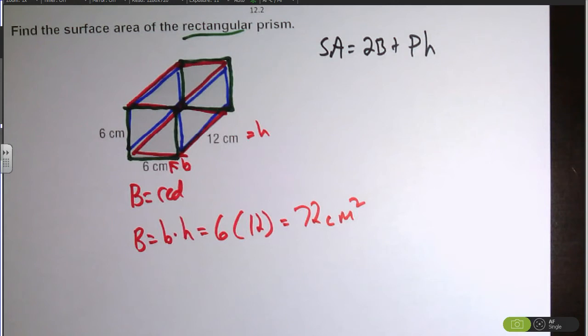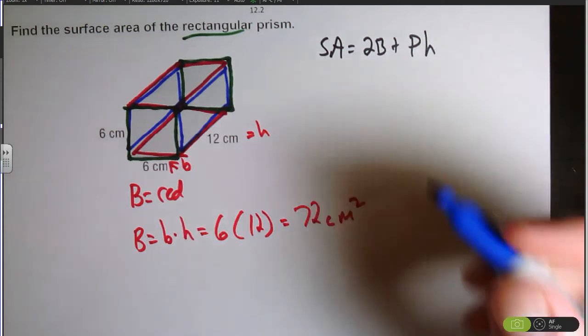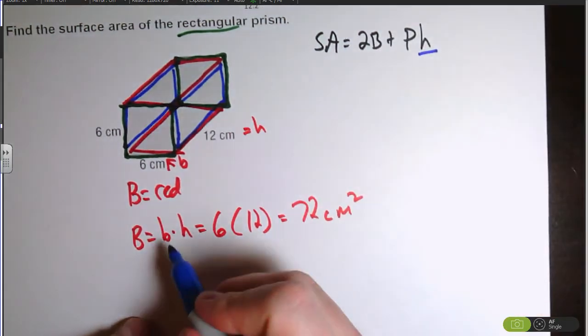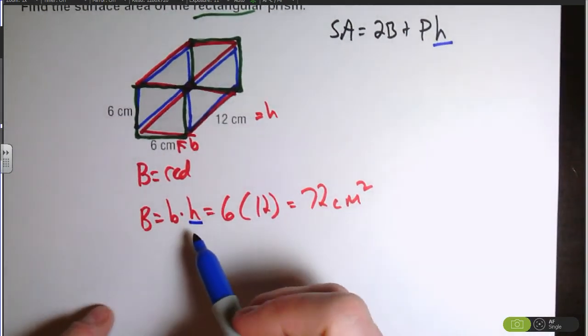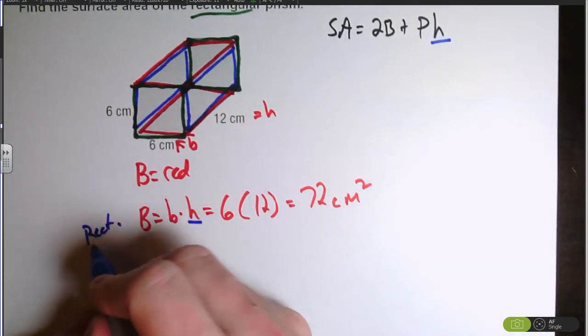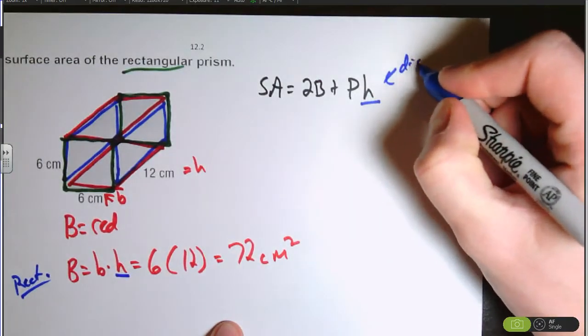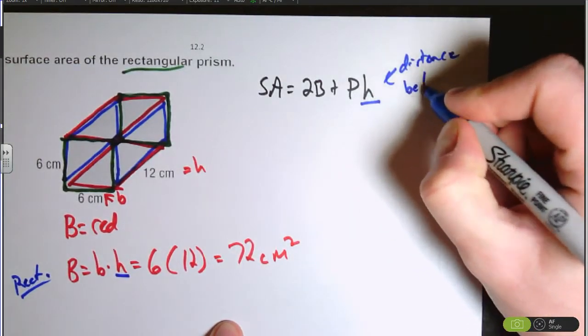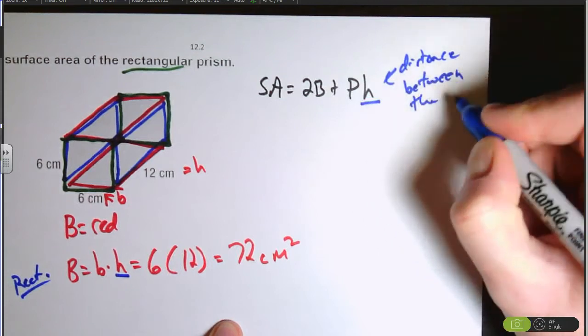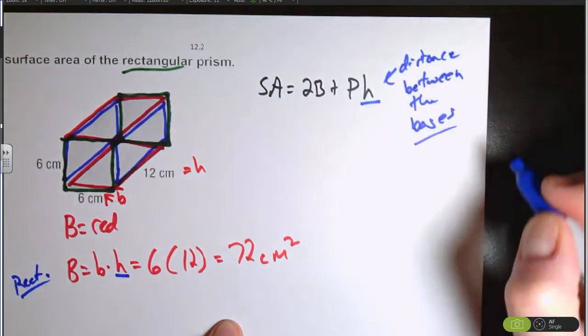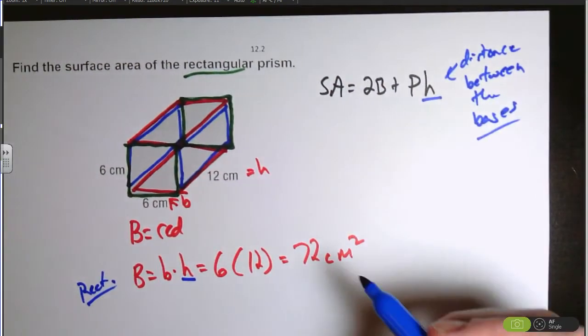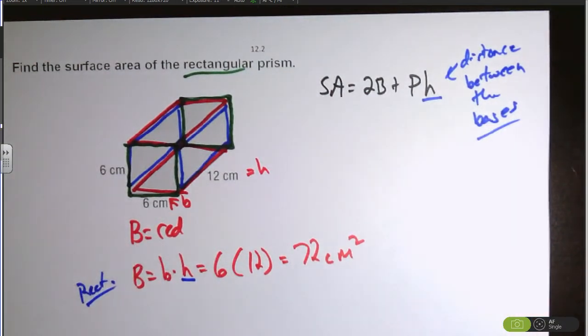Now, one of the things to remember is the height here in this formula is not the height in this formula. This is the area of a rectangle. This is the height. This here is the distance between the bases. And that always throws people off, but the height we're talking about, I'll get to in a moment, is not that height.